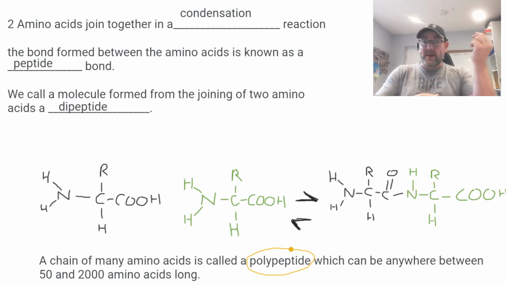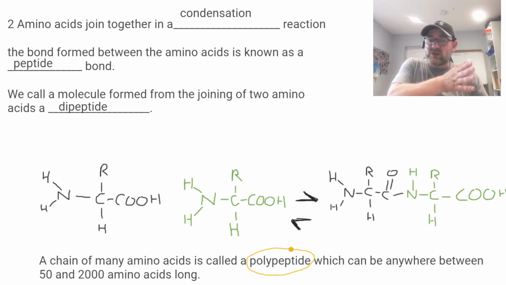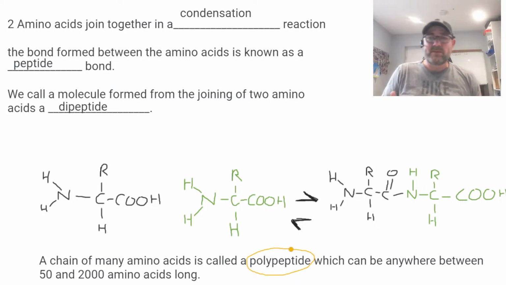Think of it like prayer beads on a string, where each bead is an amino acid. You could have up to 2,000 in certain proteins, or just 50 in the smallest proteins. It depends on their job. Viruses, which are very small, have very simple proteins with only 50 or 60 amino acids.